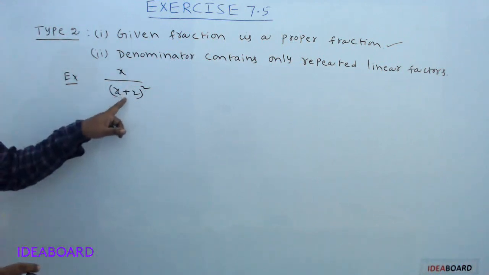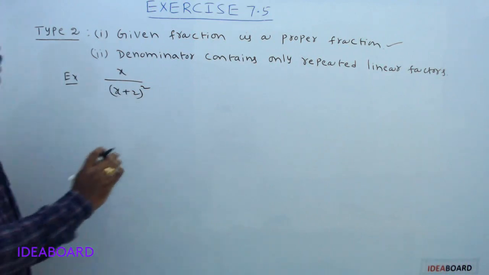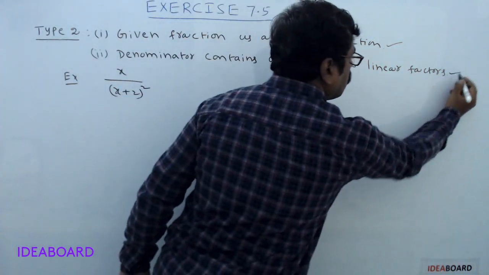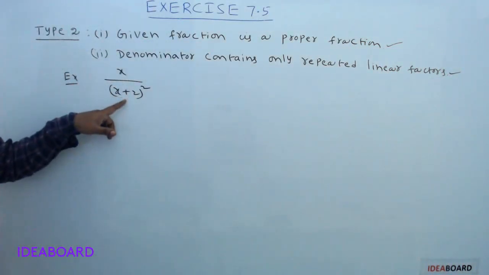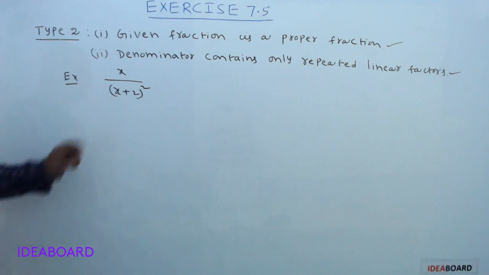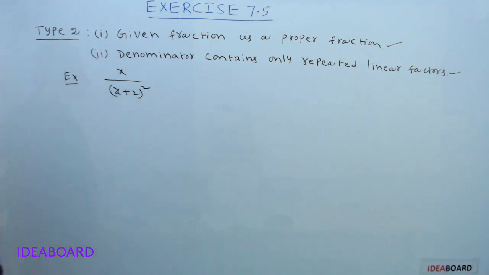So, the denominator contains repeated linear factors. So, condition number 2 is also satisfied. Degree of numerator is less than degree of denominator, proper fraction. Denominator contains repeated linear factors. So, it belongs to type 2 partial fractions.